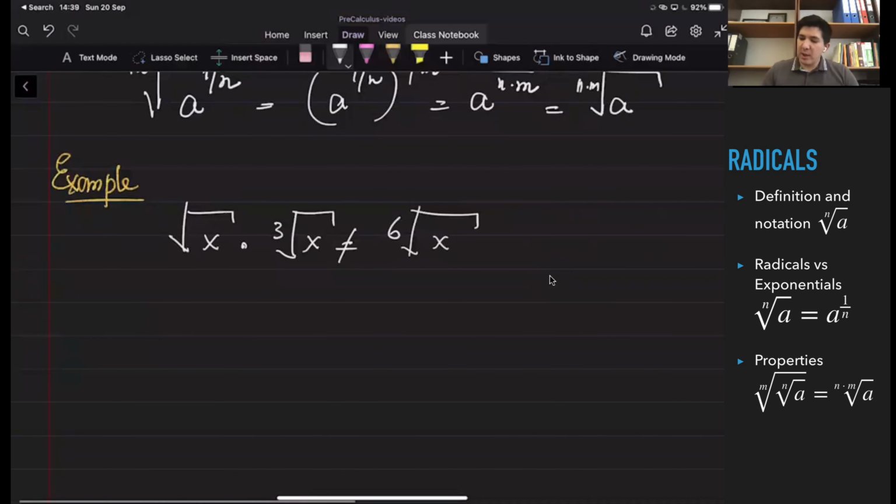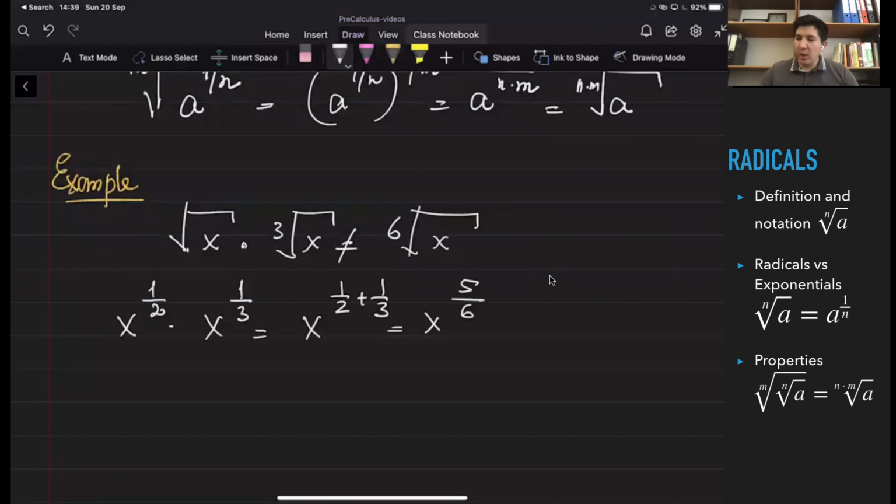Because the square root of x is x to the power of 1 over 2, and the cubic root of x is x to the power of 1 over 3. This is going to be x to the power of 1 over 2 plus 1 over 3, which is x to the power of 5 over 6, which can be written as taking the root of 6th degree of x to the power of 5. Okay, this is the first example.